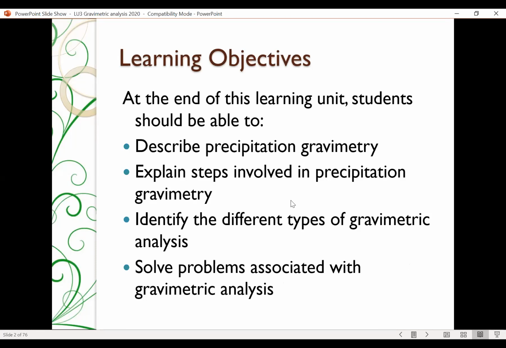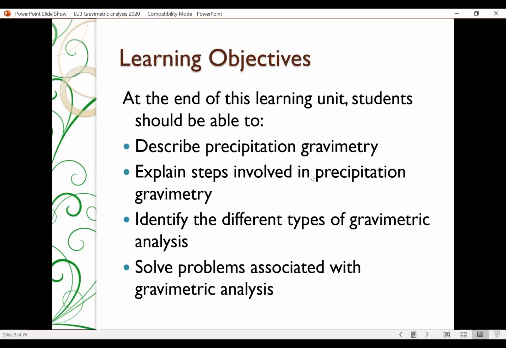Whether you realize it or not, you have already done an experiment on gravimetric analysis. When you conducted experiment 2, you learned from the procedure that in order to get the suspended solid, total solid, and dissolved solid readings from the water sample, you have to find the mass of the solid.